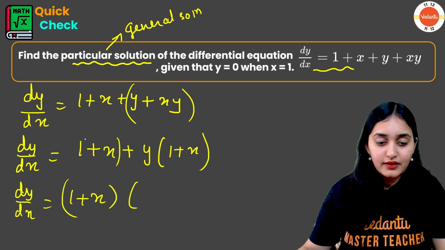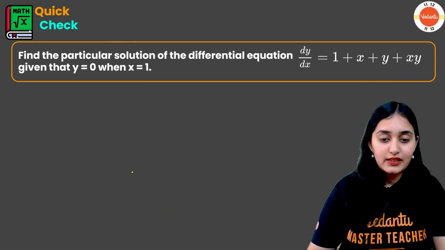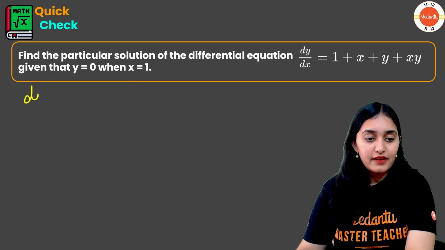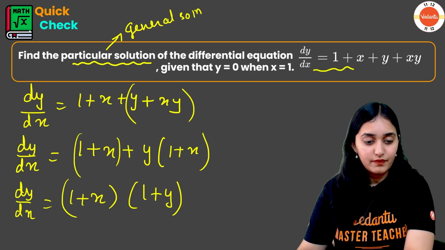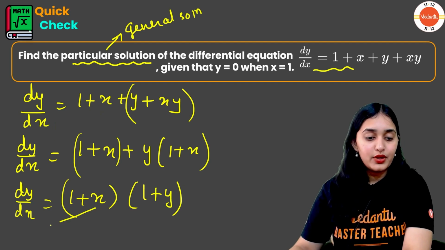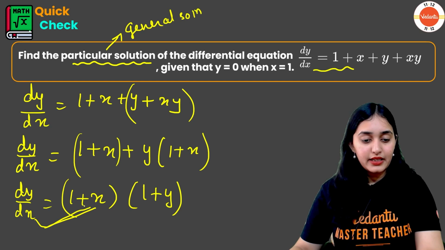What is remaining? 1 plus y is remaining. Now, we'll simply distribute it. So it becomes dy upon 1 plus y is equal to 1 plus x into dx. I am bringing dx on this side, 1 plus y on this side.